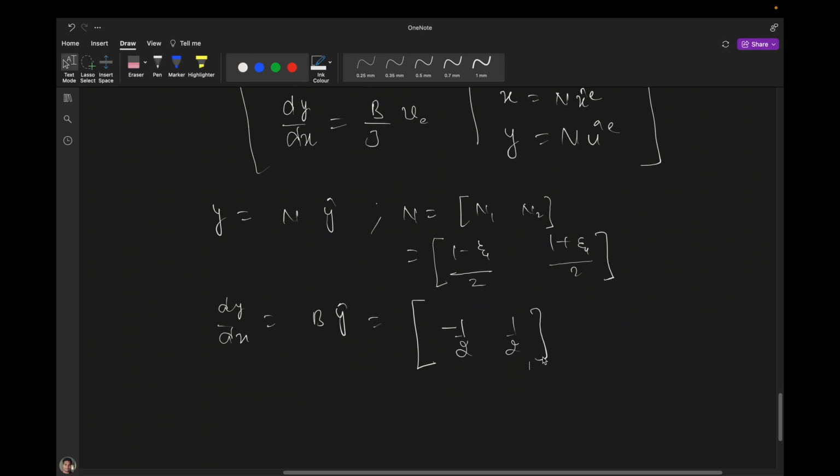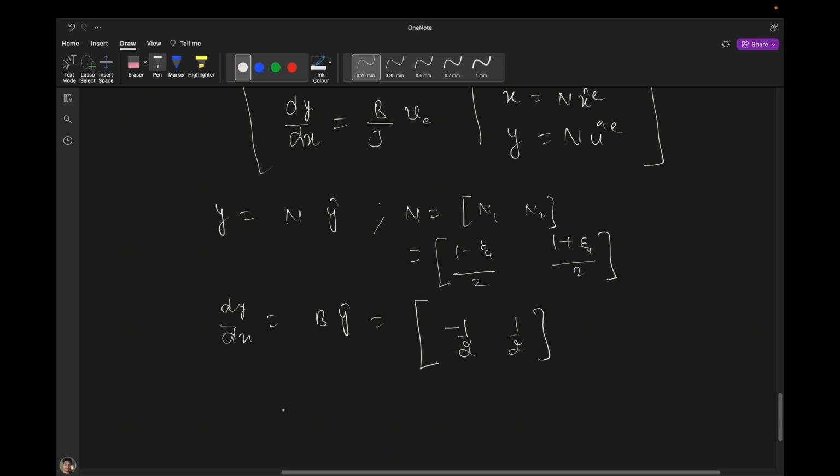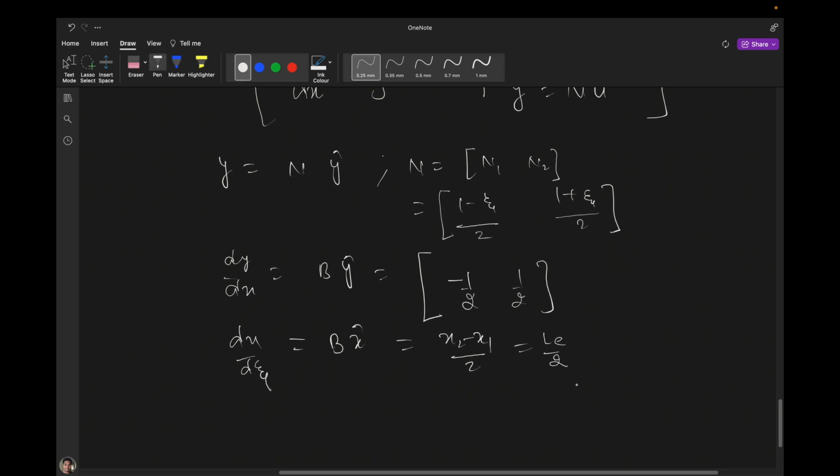Okay, and what is dx by d zeta? Dx by d zeta is nothing but the bx cap. Okay, and that will be x2 minus x1 by 2, that will be le by 2, and here le is the length of the element.